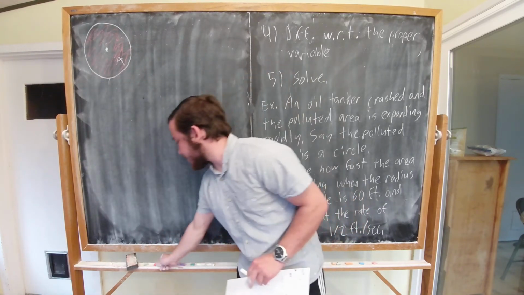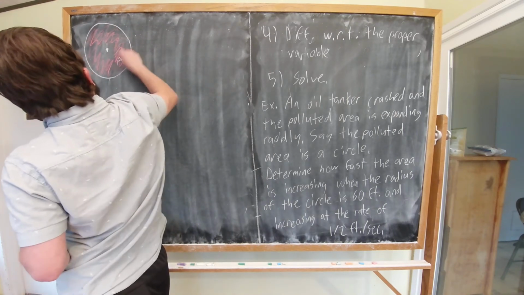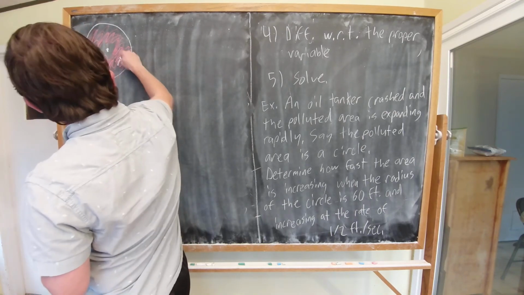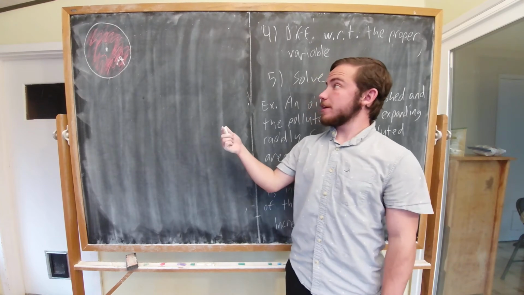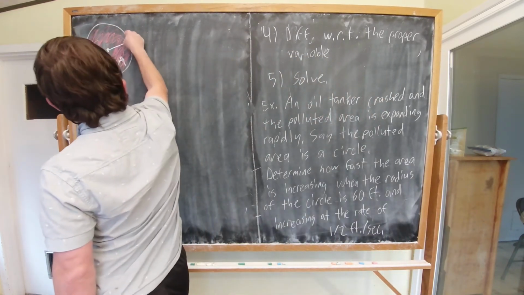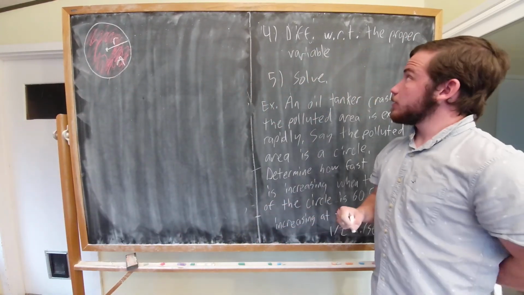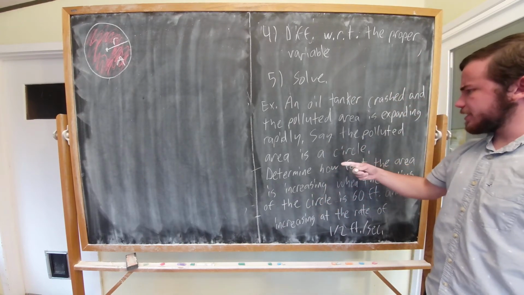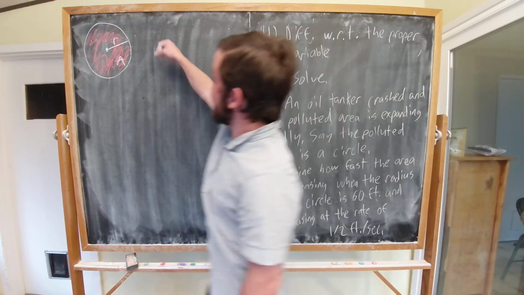Okay? Yeah, you can't really see that on camera. So that's our polluted area for the circle. And then our radius, we'll just call R. Okay, well we have our picture. I think we've labeled all of our quantities. Yeah, all the really important ones, right? T is equal to time.